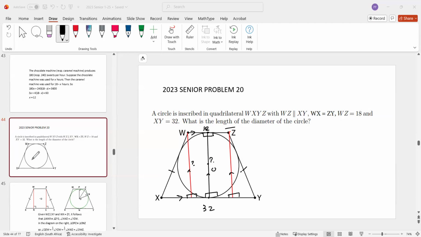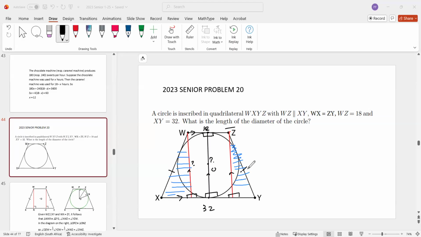If you look at these two triangles, let me just color these triangles. Look at this triangle here, and this triangle on the edges.